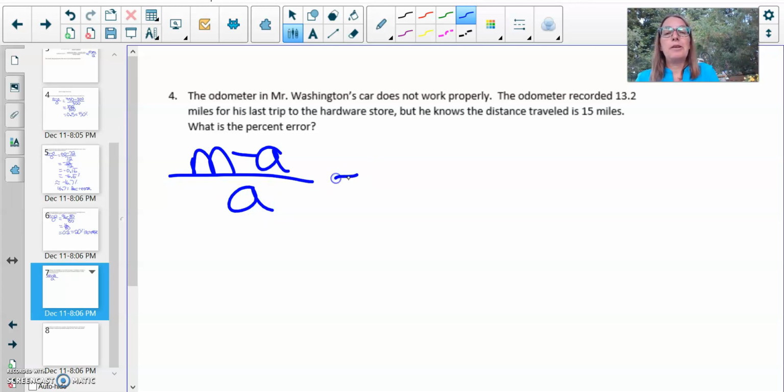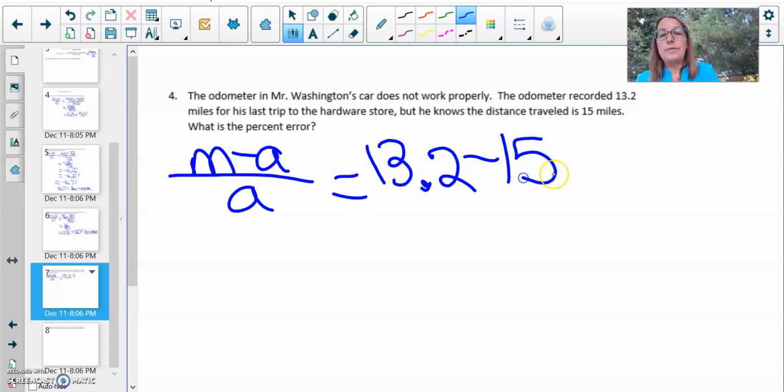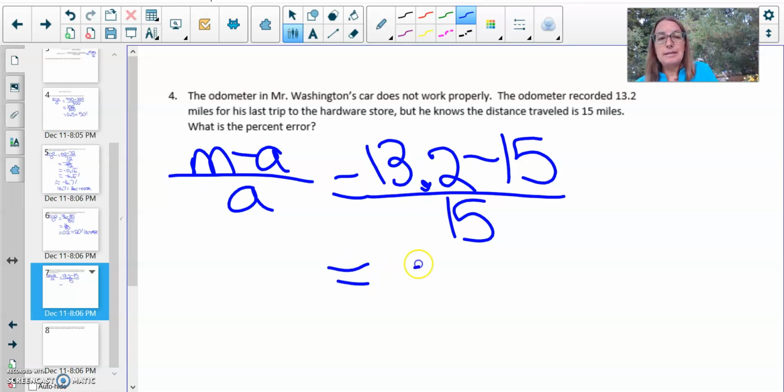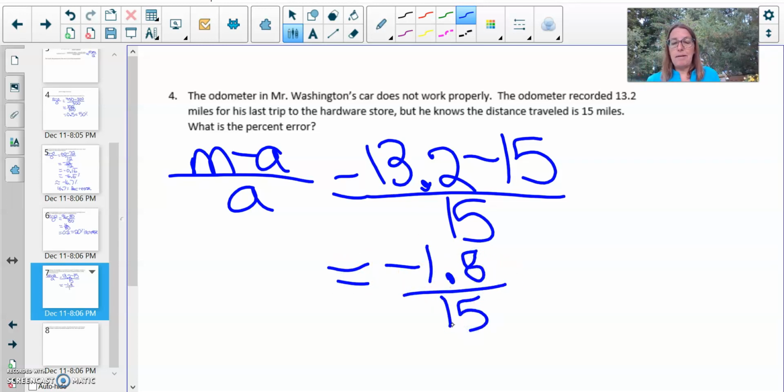The odometer measured it to be 13 and 2/10. The actual is 15. And then I'm going to divide that entire thing by 15. Using my calculator, 13 and 2/10 minus 15 is negative 1 and 8/10. I'm going to divide that by 15.